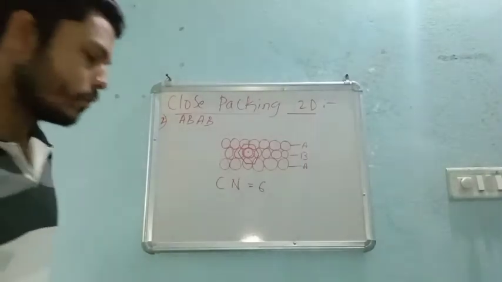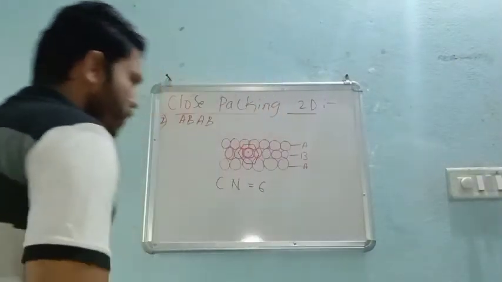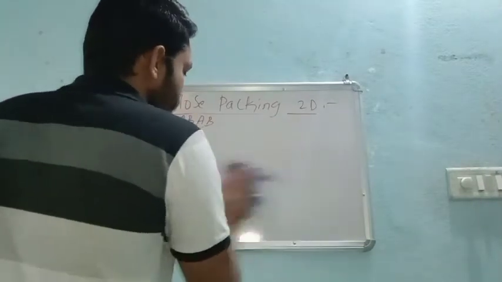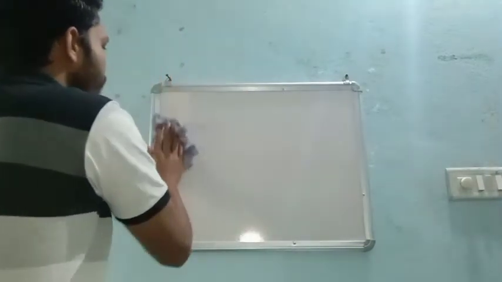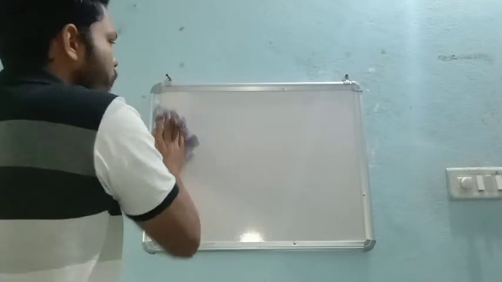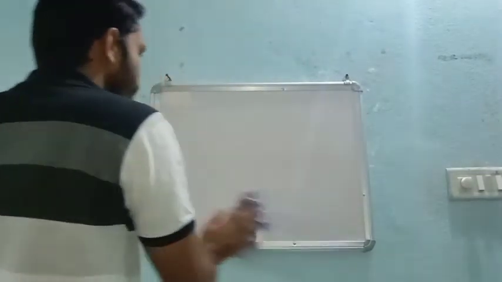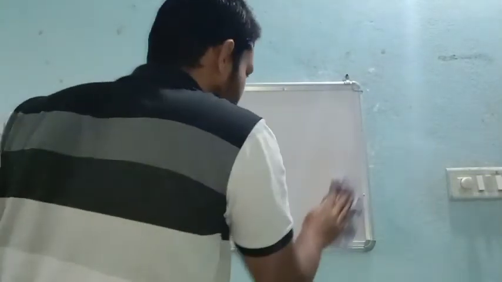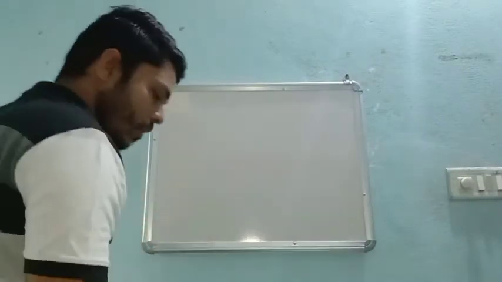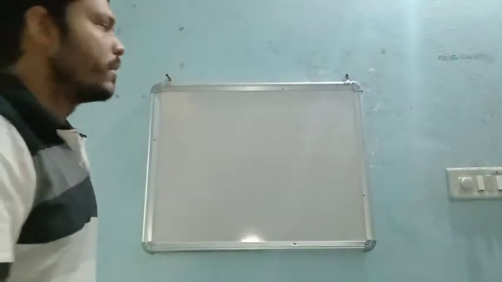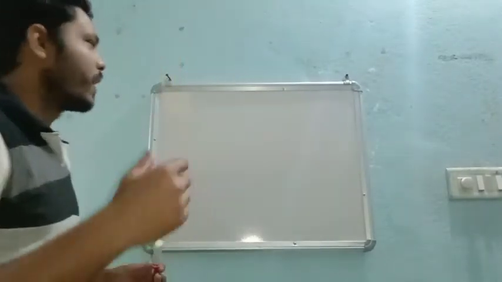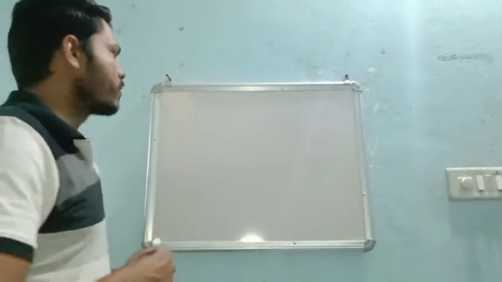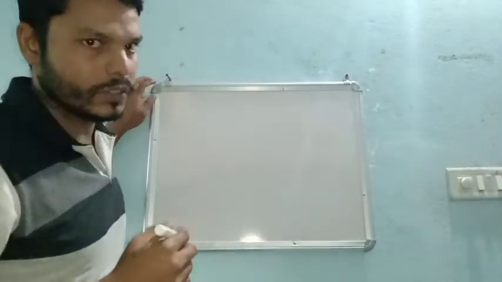So let us move towards the very important part of this chapter, that is packing efficiency. Before going to packing efficiency, what I decided is, in today's class I will just give you the requirements to understand packing efficiency, right? So today we will discuss this, and in tomorrow's class we will go with the packing efficiency directly.